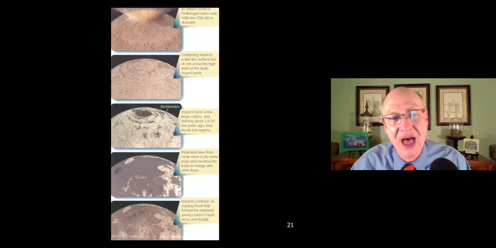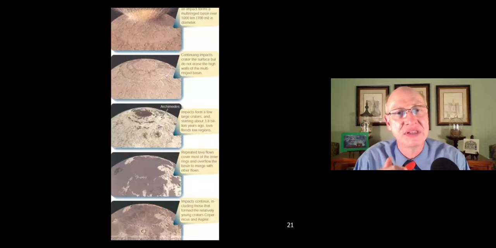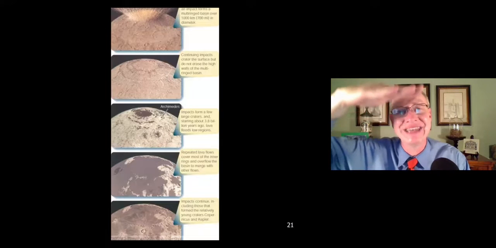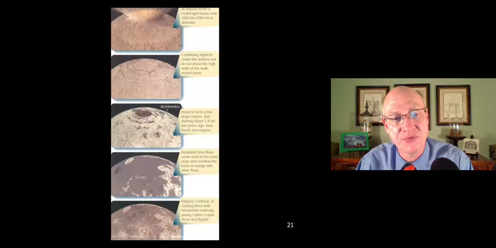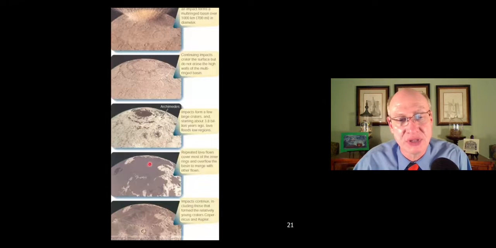And it turns out the lava fills in these basins simply because the lava is coming from underground, and that lava fills in the low-lying areas first. And because those basins are deeper than the rest of the surface of the moon, it's natural that they will fill up first. Now there are many repeated lava flows, lava flow after lava flow after lava flow.